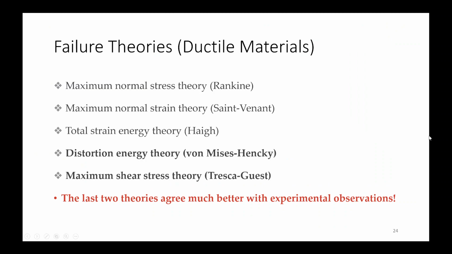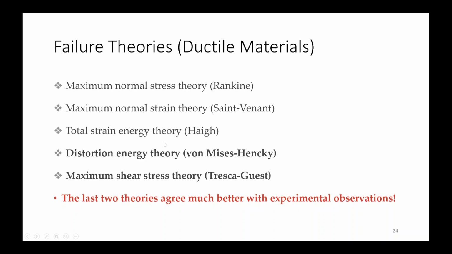For ductile materials, there are various failure theories. Maximum normal stress theory. In these theories, we define based on which property the material will fail. For example, in the maximum normal stress theory, we focus on principal stress, and in the maximum normal strain theory, we focus on strain, and in the total strain energy theory, we focus on strain energy.